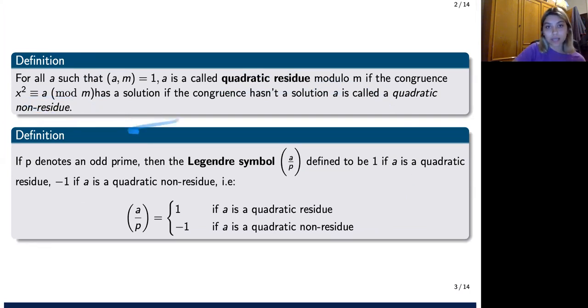If we cannot find such an X, A isn't a quadratic residue. After that, I would like to explain the Legendre symbol. Let P denote an odd prime. The result of the Legendre symbol can be 1 or -1, and the result depends on whether A is a quadratic residue modulo M.